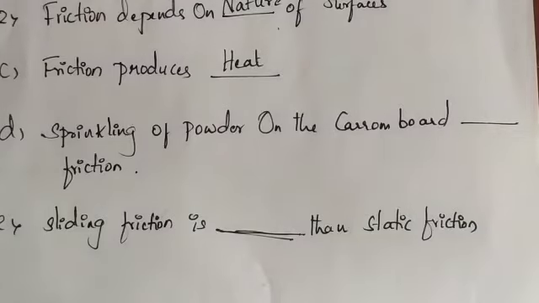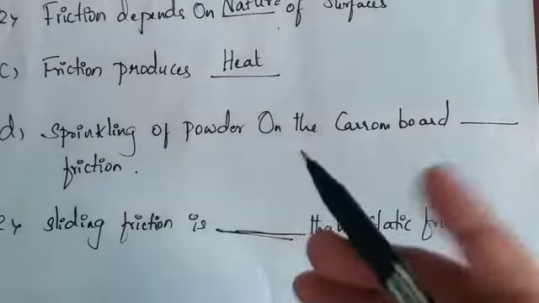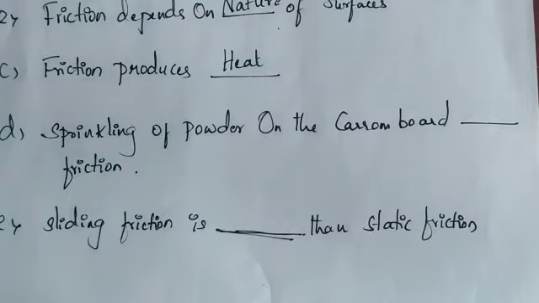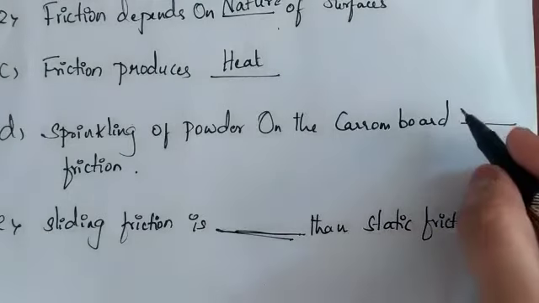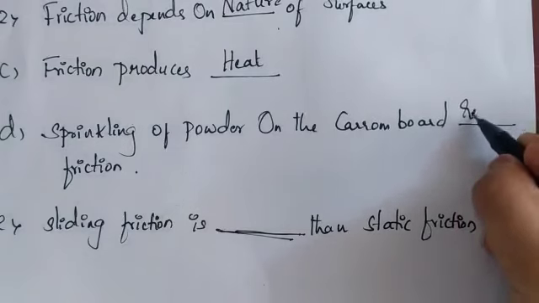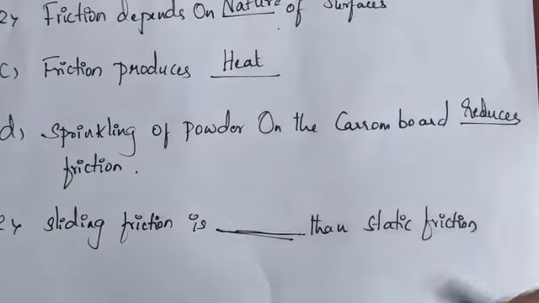If the surface is very rough, the friction is more, so the opposing friction for the movement of the striker is very high. That is why sprinkling powder makes the carom board smoother. So it reduces the friction.